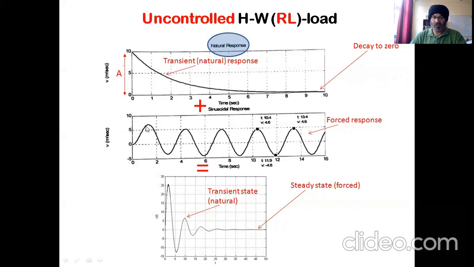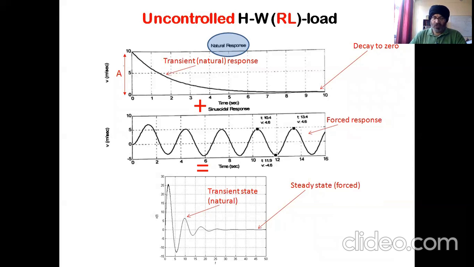Initially, because this is superimposed with this, we have a high peak over here. Then this peak goes on decreasing because of the natural, transient response, and decays to 0. It goes into a steady state, and that's what we want. Steady state means only a simple sine wave, with no ringing allowed.